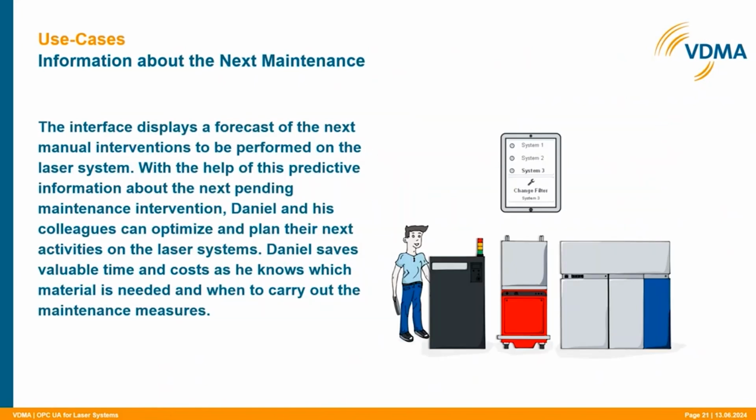For the use case information about the next maintenance, the interface displays a forecast of the next manual intervention to be performed on the laser systems, and so the maintainer can optimize and plan the next activities on the laser systems.